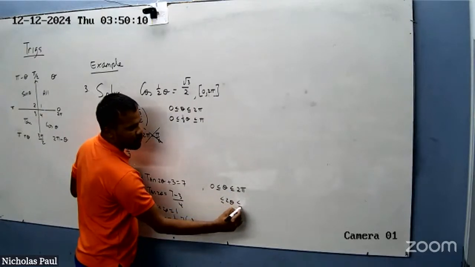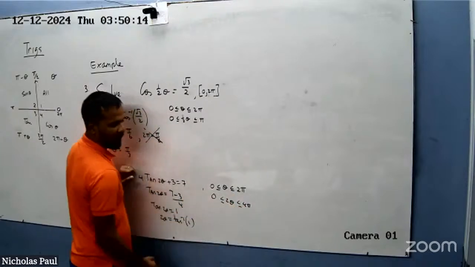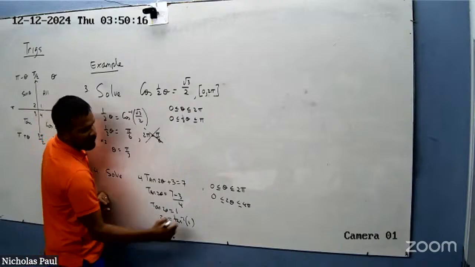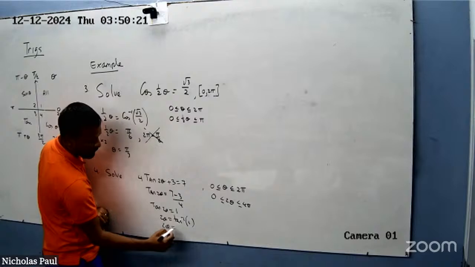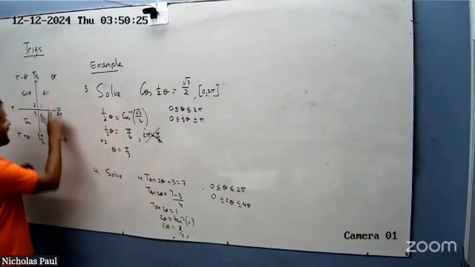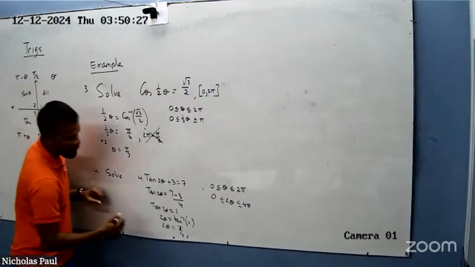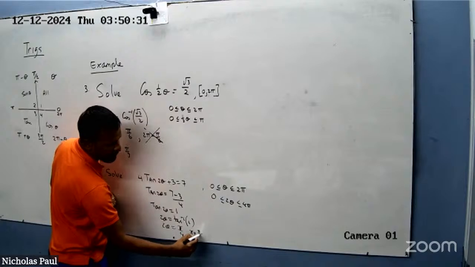So for 2 theta, you multiply everything by 2 and you get 4 pi, so all your values are between 0 and 4 pi. Tan inverse 1 is pi on 4, that's here. Third quadrant is pi plus pi on 4.